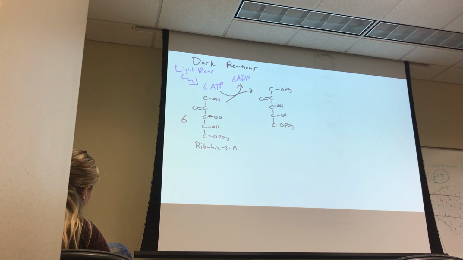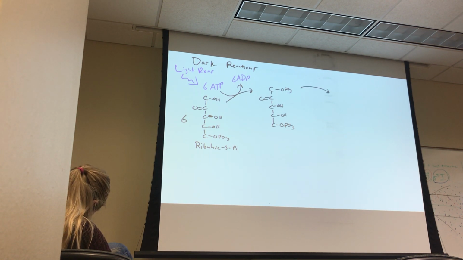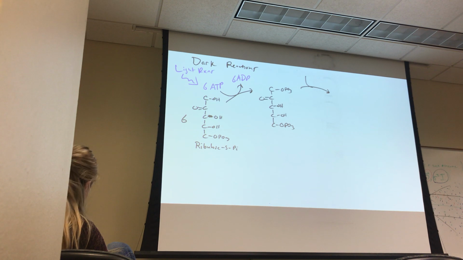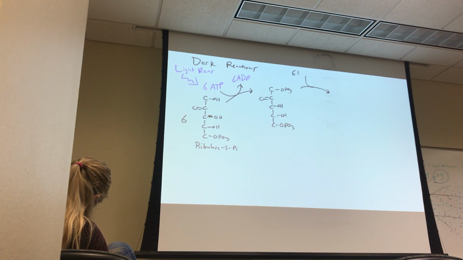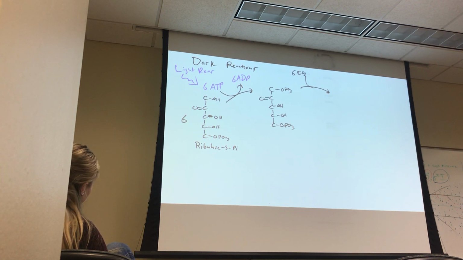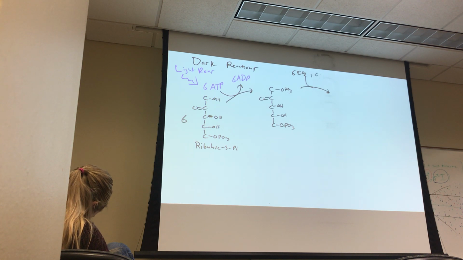And this is the committed step. This is the one that controls it, is the next one, which is Rubisco. Here's where our Rubisco comes in. And Rubisco, remember, will bring in 6 CO2 molecules. It'll also use 6 H2O molecules, so here's where your water also comes in. Water is used as an electron source, it's also used here.